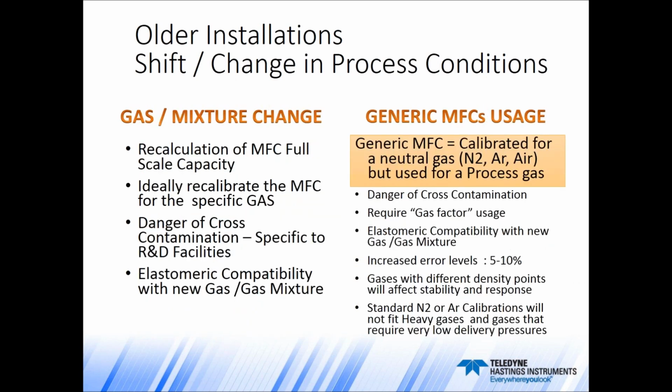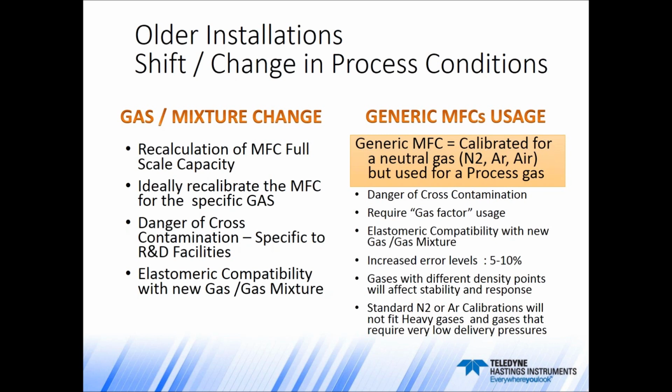We can go forward. Changing the gas after a while, and this is something that we see with a lot of research and development labs and companies where systems and production all of a sudden change gases on that particular line.